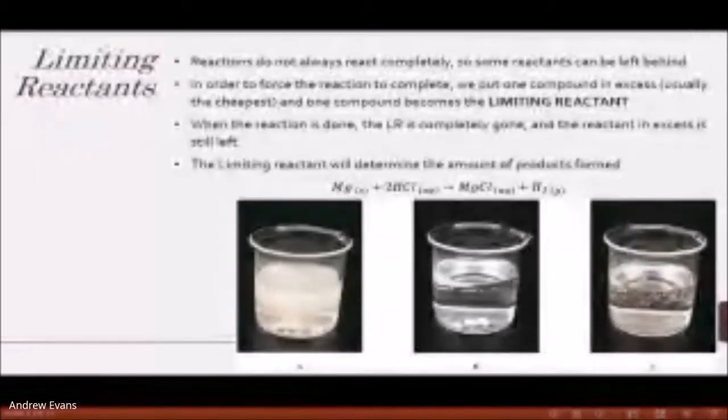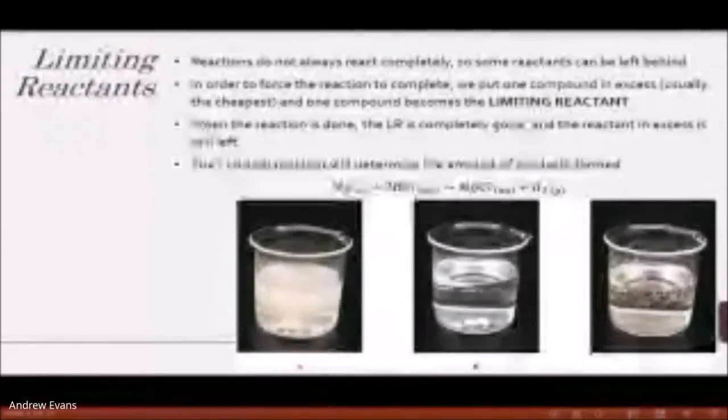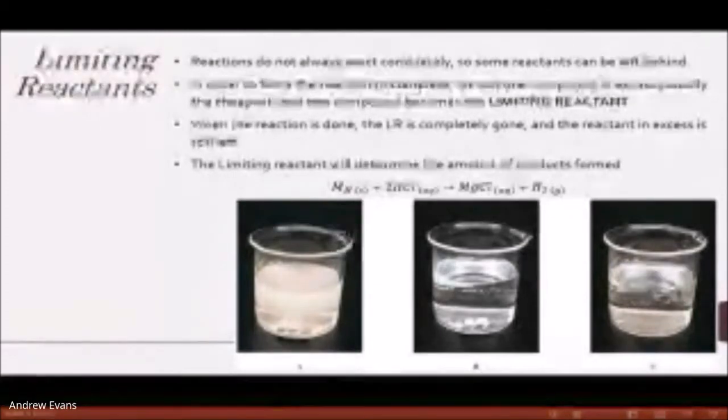So one of the first major concepts, how this will be used, will deal with limiting reactants. Reactions don't always go to completion. They don't always react completely, so reactants are often left behind.